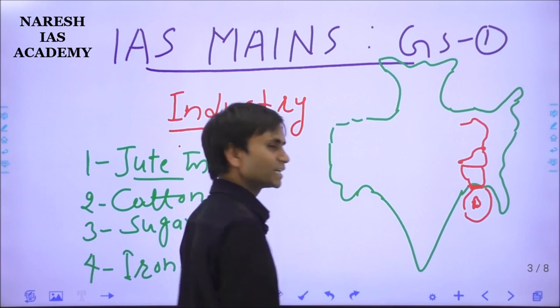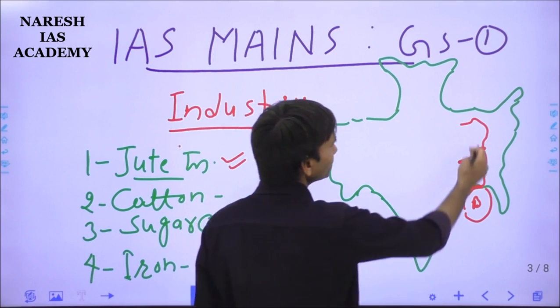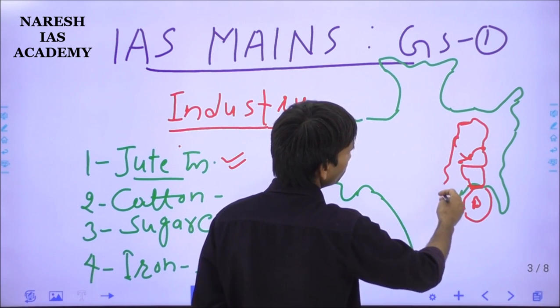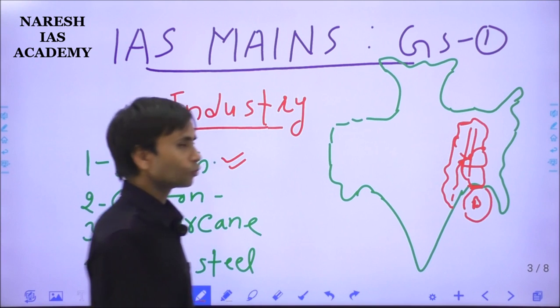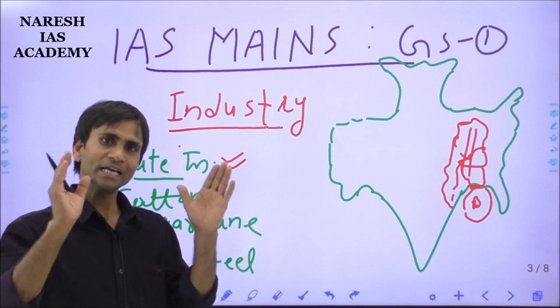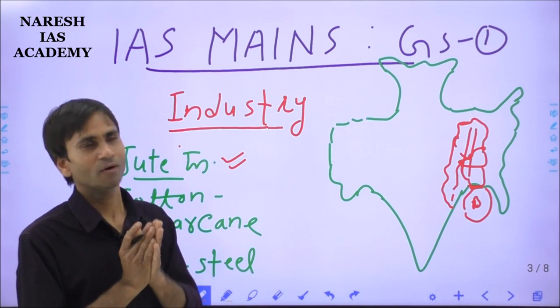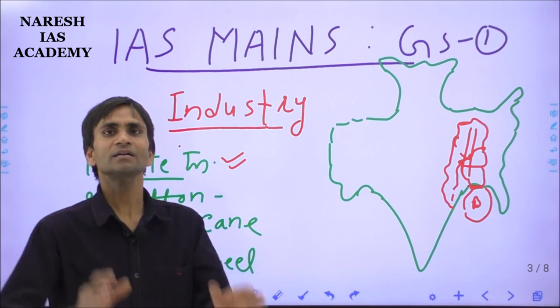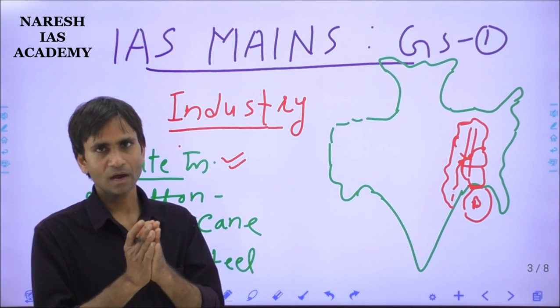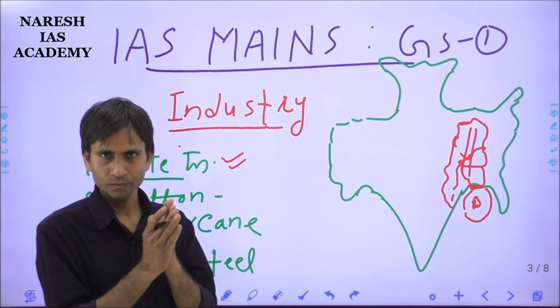So the jute industry is centralized mainly in Assam, West Bengal and Odisha. This is the belt, through which we can easily analyze why the centralization is seen here, due to the traditional factor, the availability of raw jute.